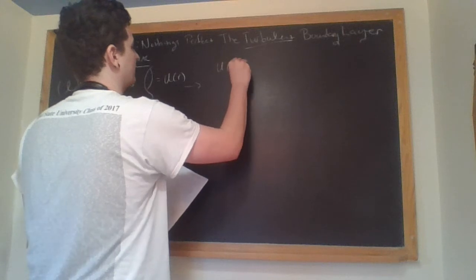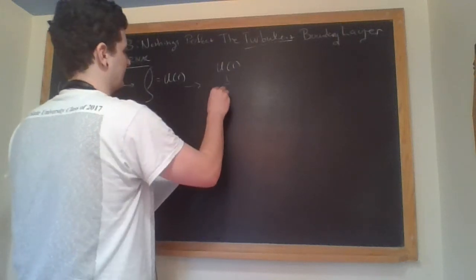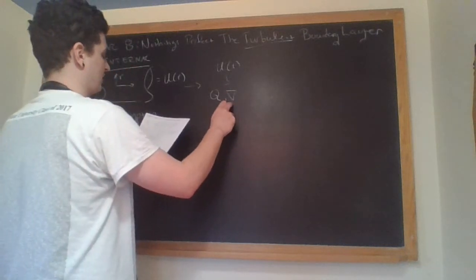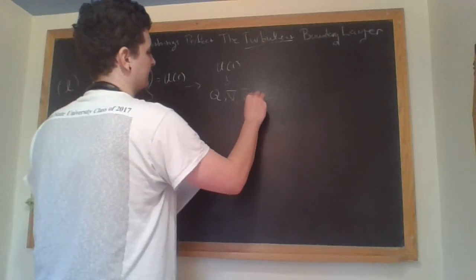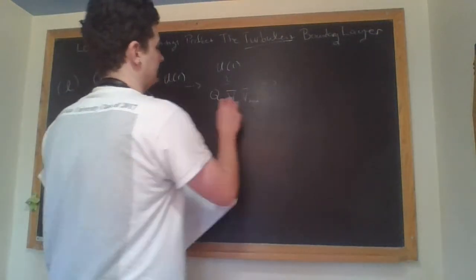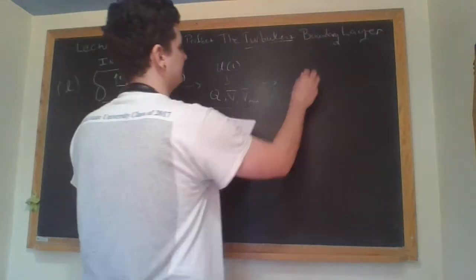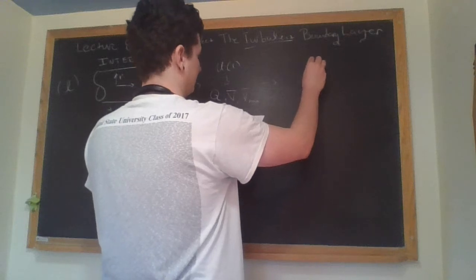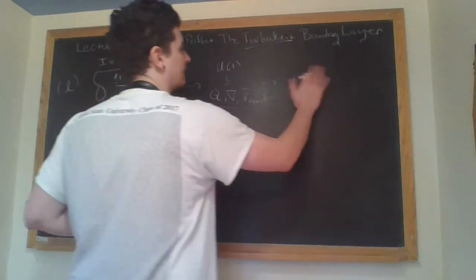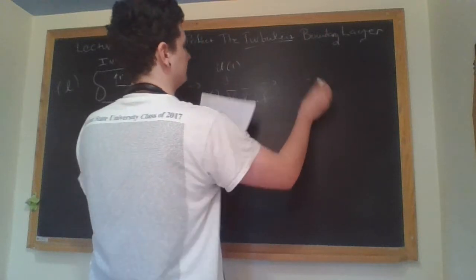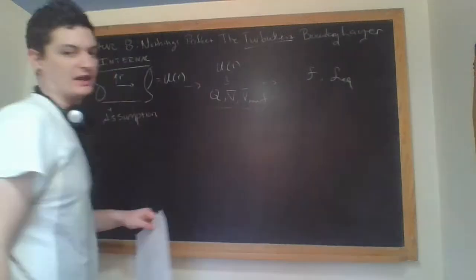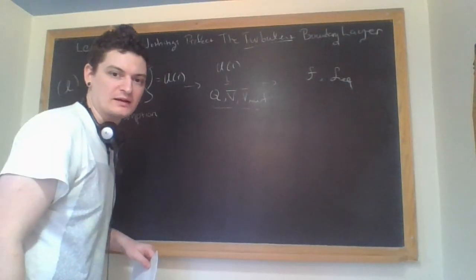So u of r gave us a bunch of things: the flow rate in the pipe, the V bar in the pipe, and the V maximum in the pipe. And these fundamental quantities could then be used for a friction factor or equivalent lengths and things like that.